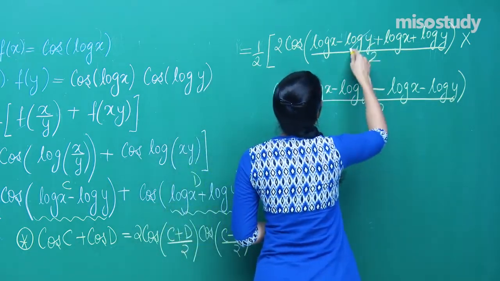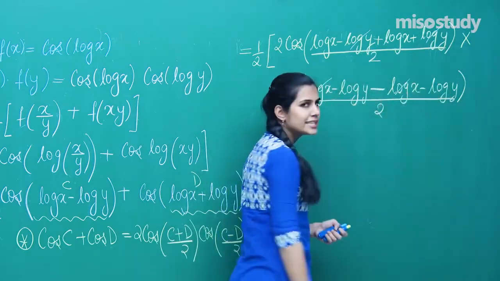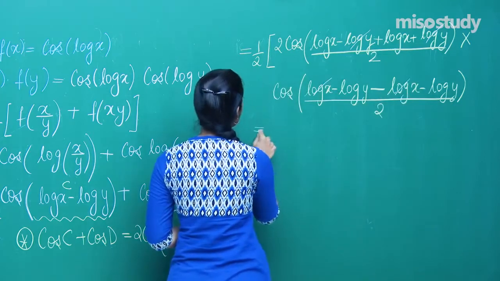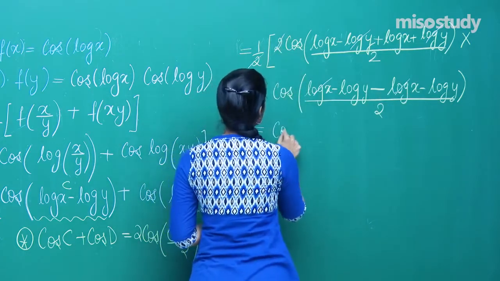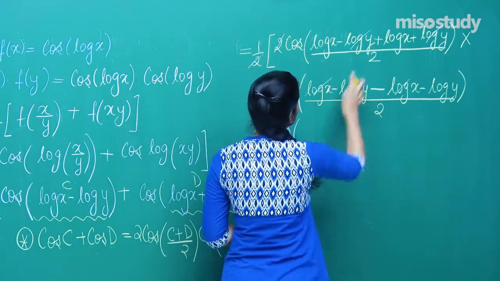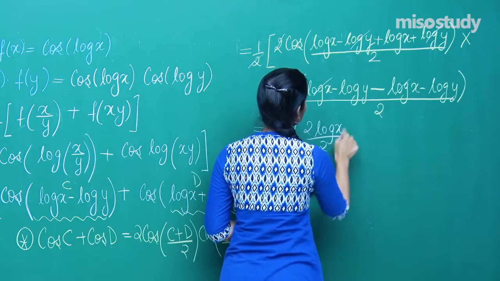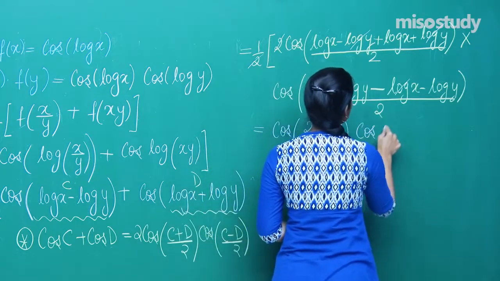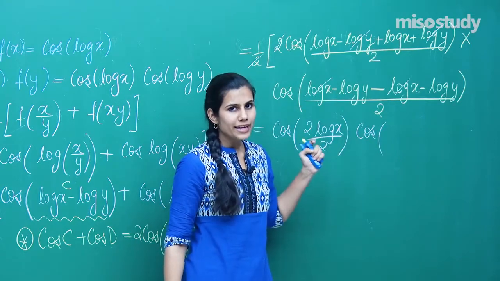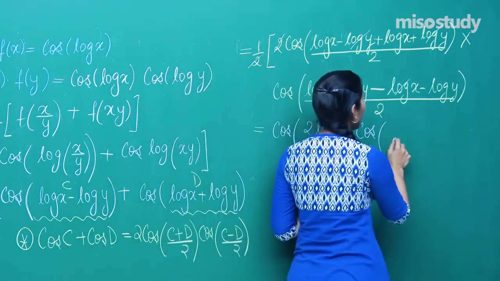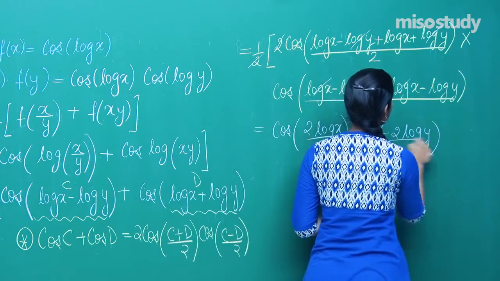You have log y getting cancelled, and here you have log x getting cancelled. And you are left with this 2 also getting cancelled. You have cos of log x plus log x, 2 log x by 2, into cos of minus log y minus 2 log y by 2, which is cos of minus 2 log y by 2.